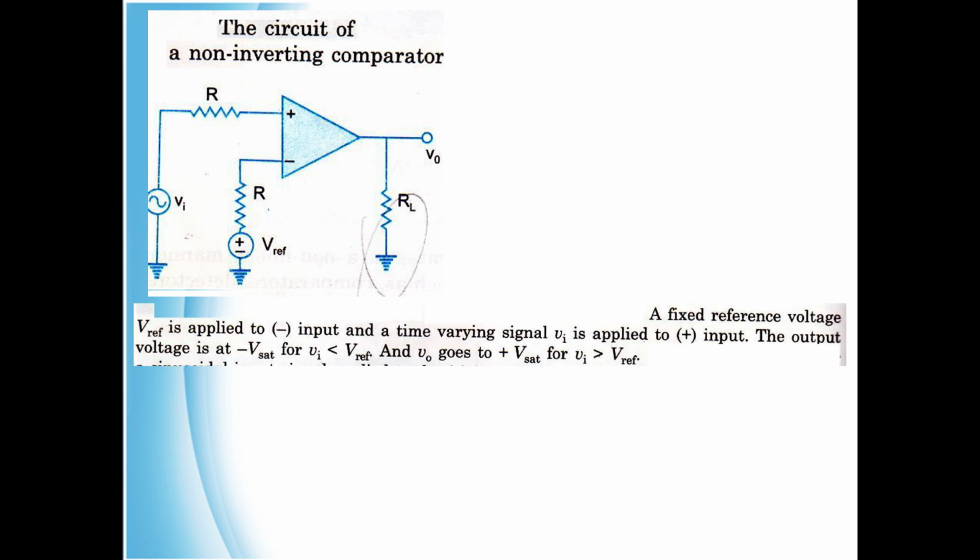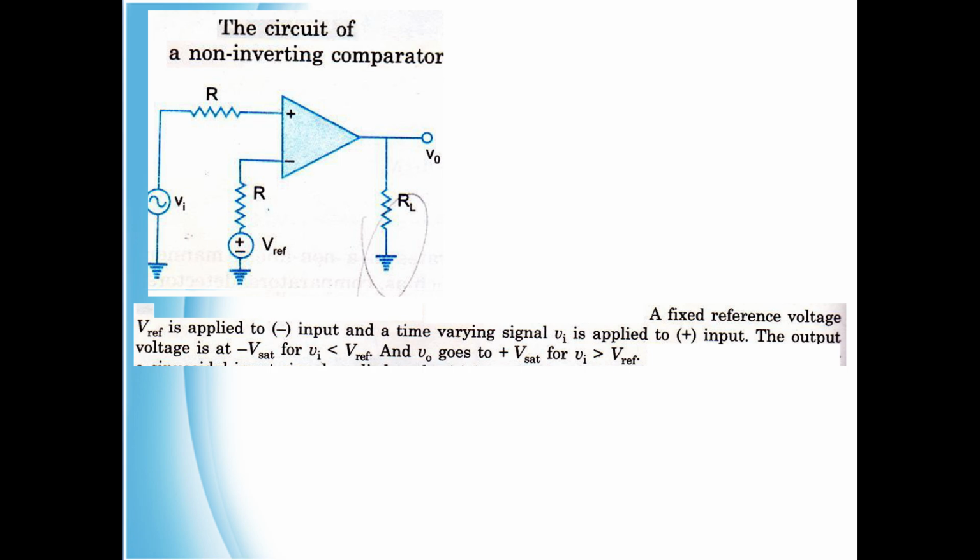The circuit of a non-inverting comparator is shown as this. A fixed reference voltage Vref is applied to the inverting input, whereas a time varying signal Vi, which is the input signal, is applied to the plus or non-inverting input.